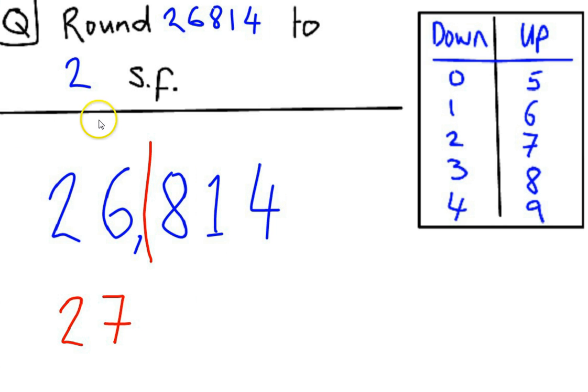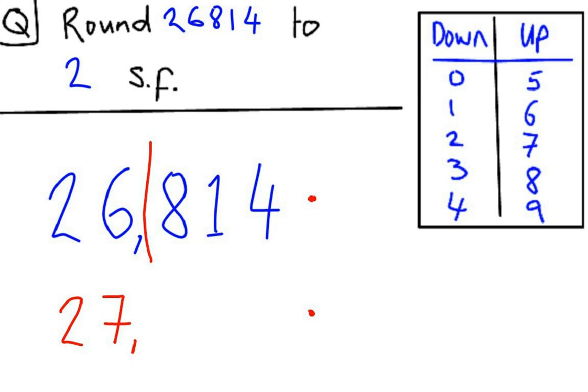Now because this is not a decimal, our decimal point would go here. Notice I always line up my decimal points. Now, anything to the left of the decimal point, after we've rounded, those spaces now need to be filled with zeros, because after we've rounded 26,814 to two significant figures, the 7 would represent the number of thousands.